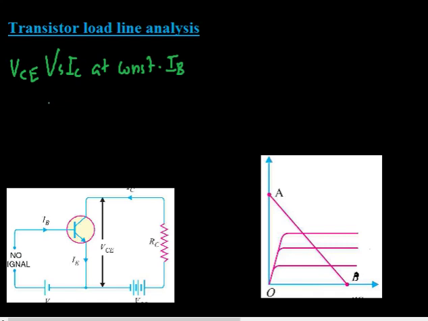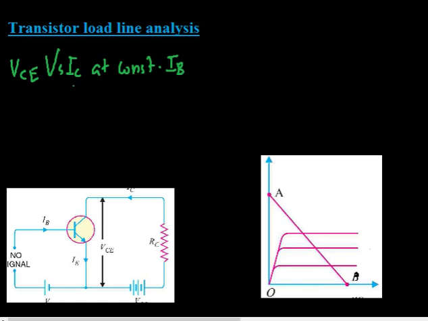But there is another important way in which we can represent the relation between the collector emitter voltage and collector current, and that is what is known as the load line, the transistor load line, which is far simpler than drawing the output characteristics.